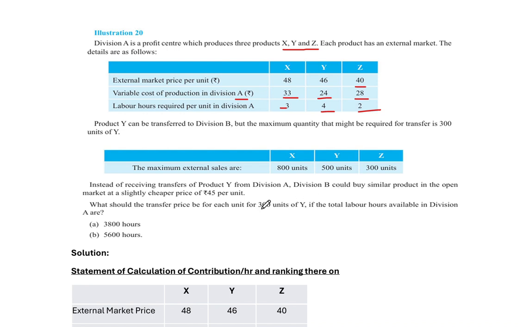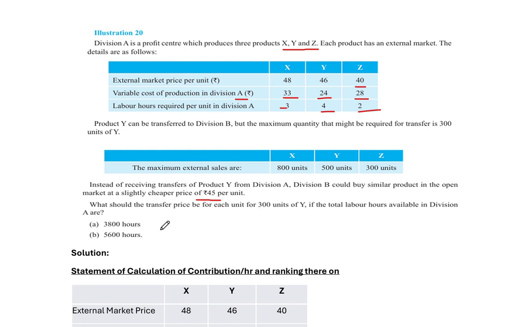Instead of buying from division A, division B can purchase from the market at rupees 45 per unit. So naturally division B will ask, why should I buy from division A if the market price is cheaper? That is why we need to determine the transfer price.